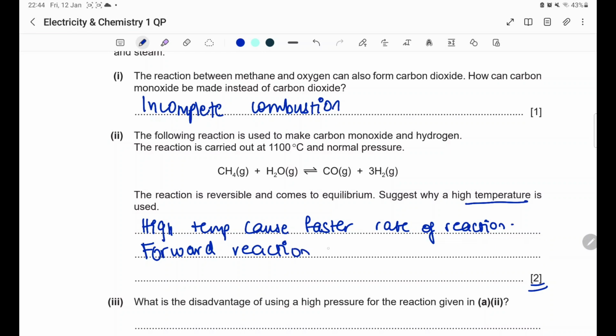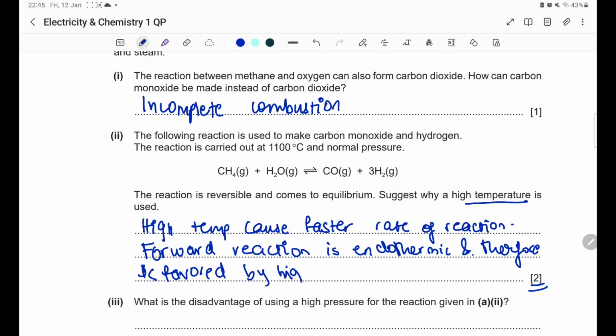And therefore, it is favored by high temperatures, increasing yield. Now again, they did not tell us if it's endothermic or exothermic.